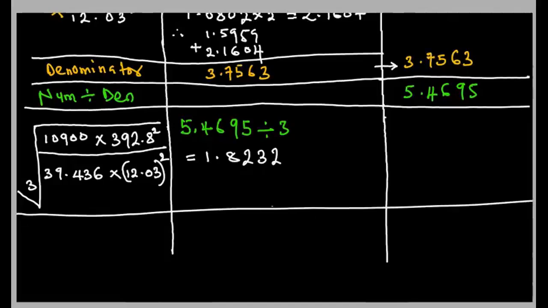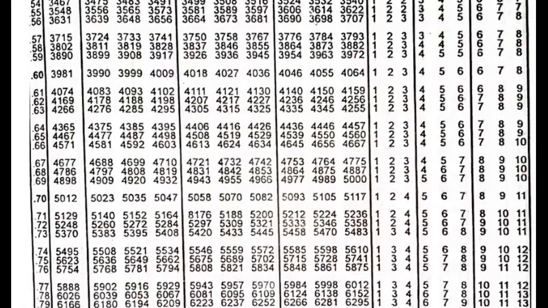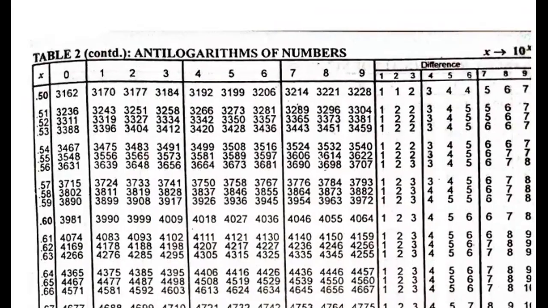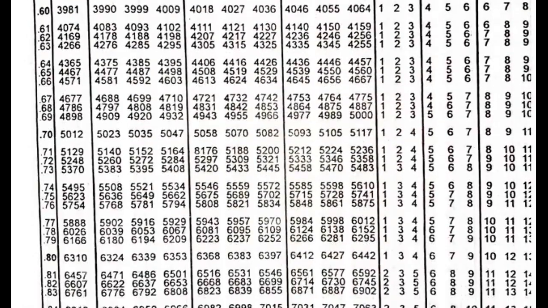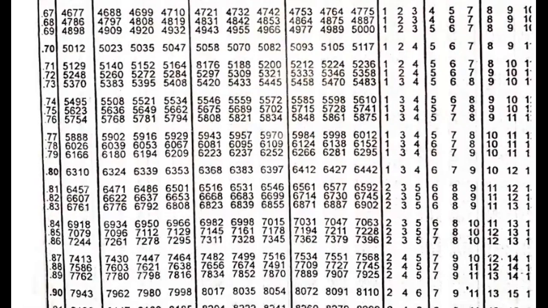Let's now take the antilogarithm, the antilog of 0.8232. So from the antilog table, 0.82 under 3, sorry, 0.82 under 3 is 6653.